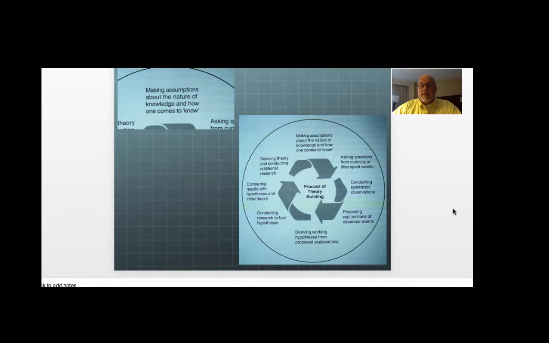And if you are starting that process with some underground beliefs that we call assumptions, then perhaps you're not starting from that unbiased perspective, but instead you're starting from a biased point of view, which is going to then shape the rest of the theory.